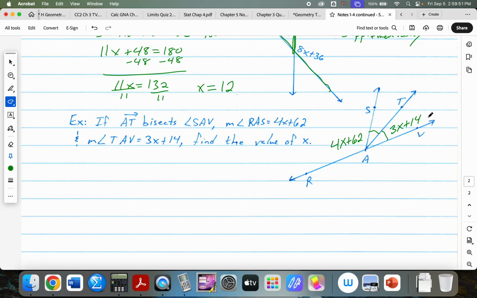To be a linear pair, there's two things. One is they have to make a line, and they do. What's the other part? They have to be adjacent. They have to be right next to each other. You see how there's this gap in here? So those two angles aren't adjacent, but these two angles are congruent. So this angle is 3x plus 14.